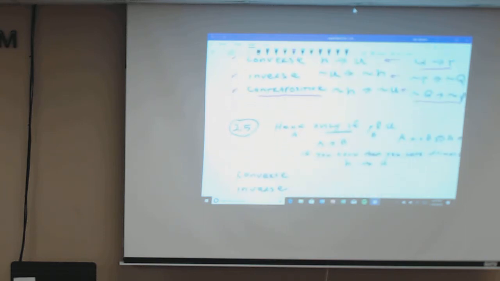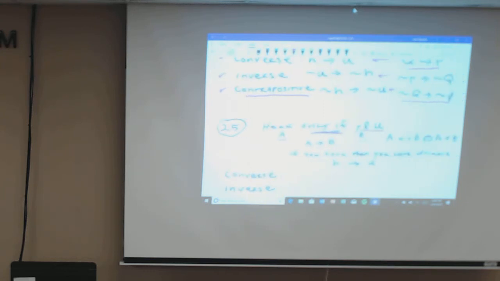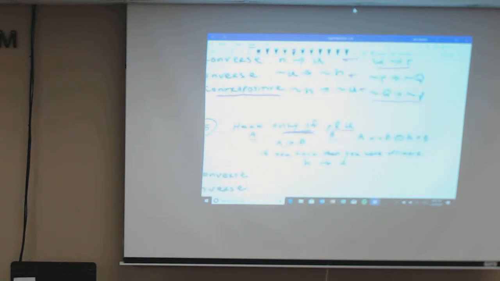Number 25. Honk A only if you love ultimate B. And A only if B is equivalent to, look at your chart for the only if, if A then B. So, if A then B would be if you honk, then you love ultimate.